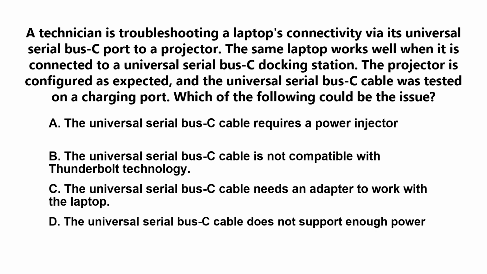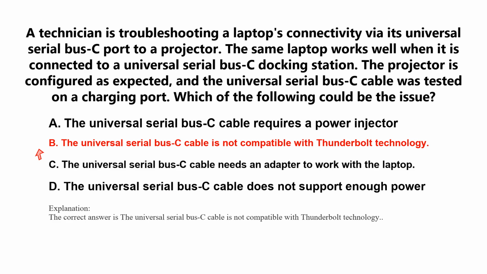Option B, the universal serial bus C cable is not compatible with Thunderbolt technology. Option C, the universal serial bus C cable needs an adapter to work with the laptop. Option D, the universal serial bus C cable does not support enough power. The correct answer is option B, the universal serial bus C cable is not compatible with Thunderbolt technology.